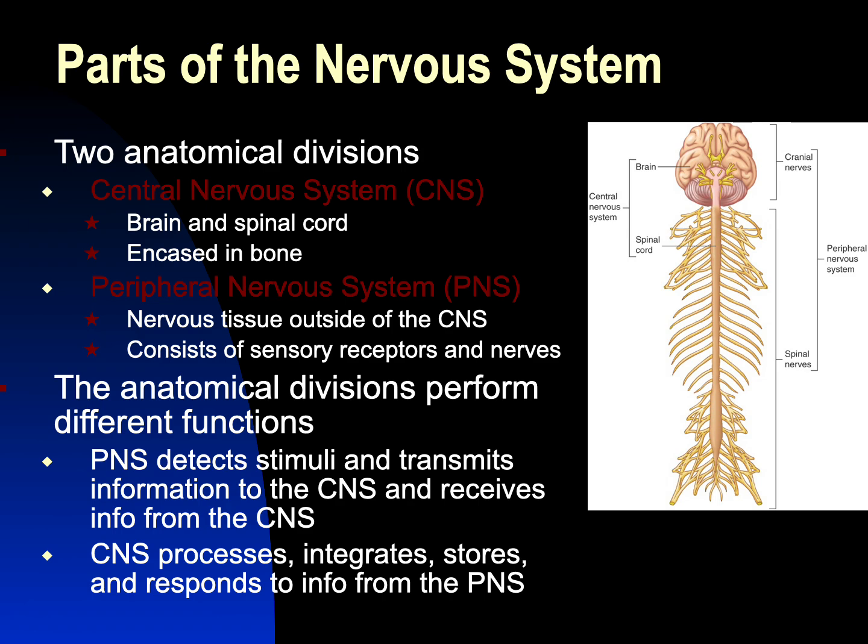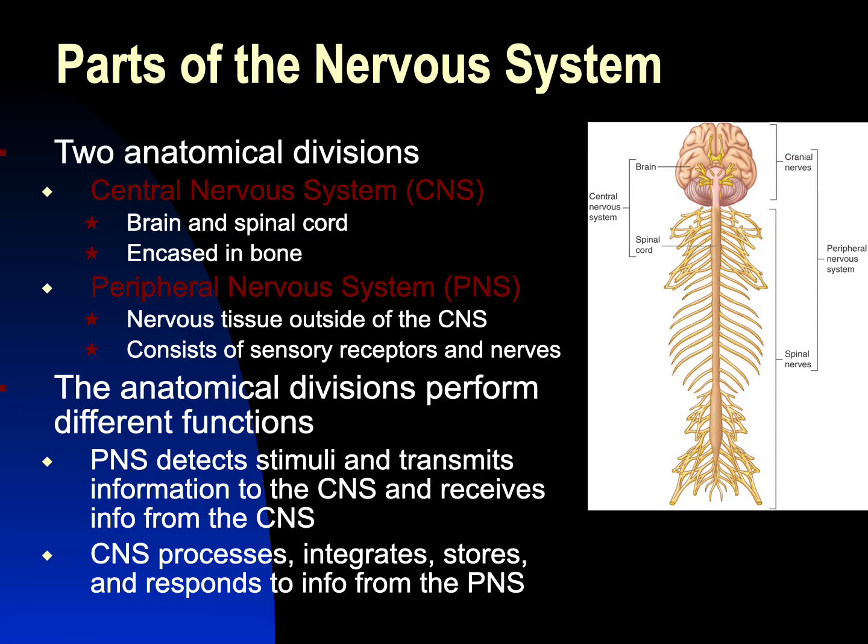This nervous tissue is outside the central nervous system, so there's no bone protecting it. It's not enclosed in the 3 membranes or floating in cerebrospinal fluid. It contains nerves going to sensory receptors and nerves going to and from motor areas. These anatomical divisions perform different functions.